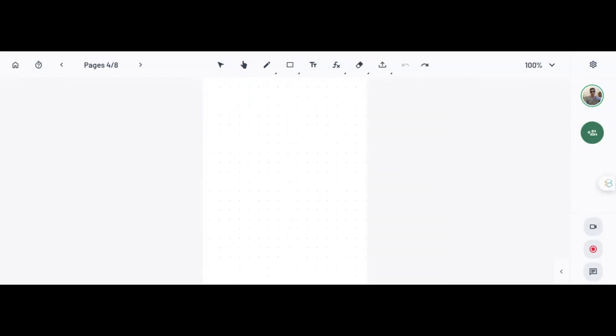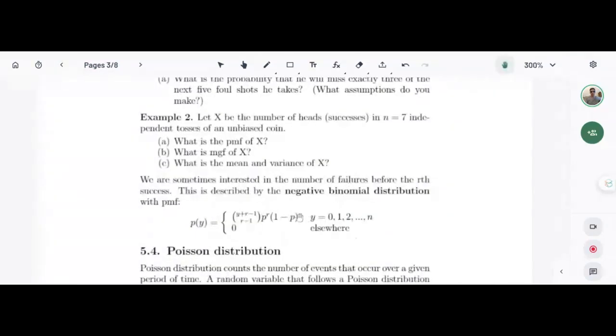I should write it this way: the probability that you will get 2 successes given the number of trials is 5 is a combination, 5 factorial divided by 5 minus 2 factorial times 2 factorial, times the probability of success 0.8 to the power of the number of successes, 2, times the probability of failure 0.2 to the power 3, and that is the answer. So what else? That is example 1.